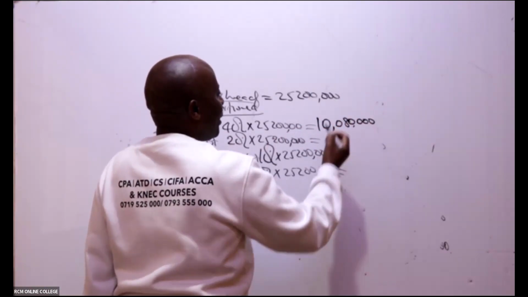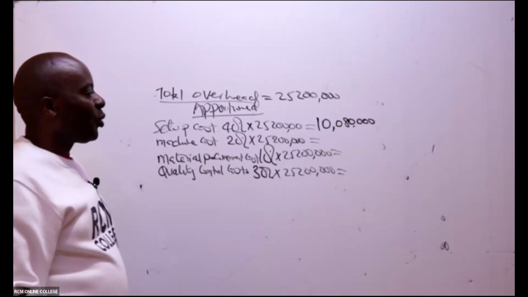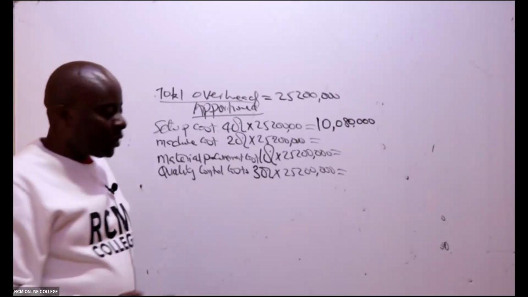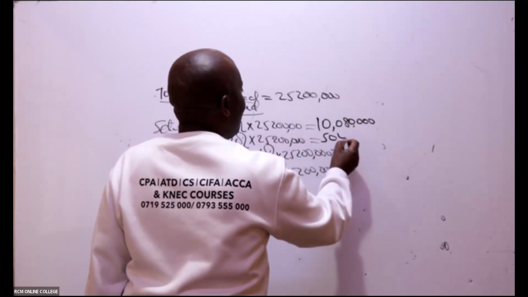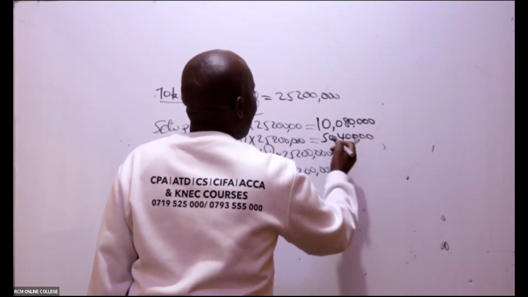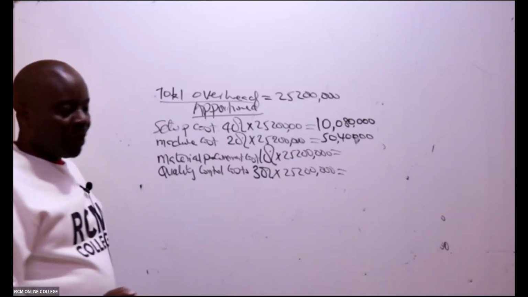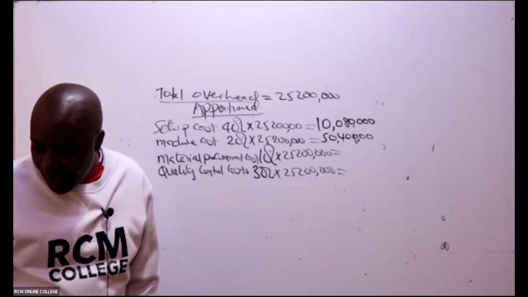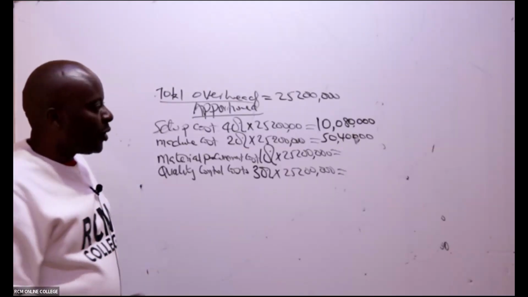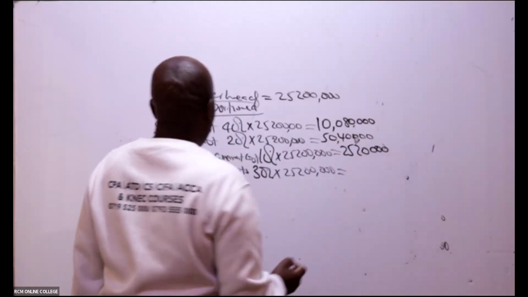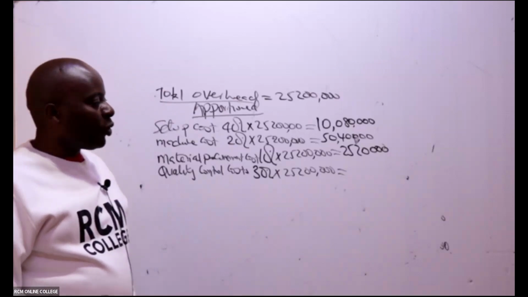And then machine cost, 20% times 25,200,000, which is 5,040,000. And then material procurement cost, 2,520,000. And then quality control, 30% of 25,200,000.